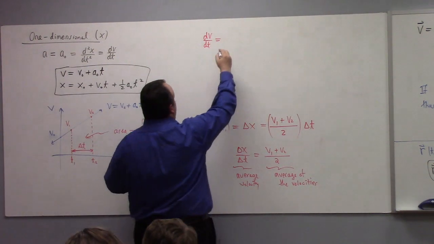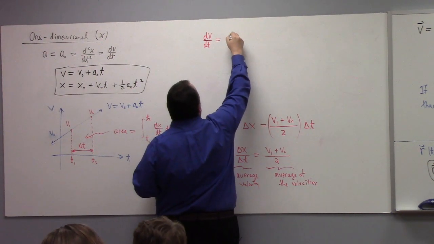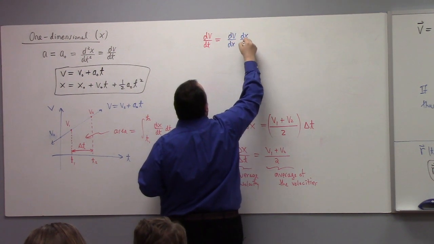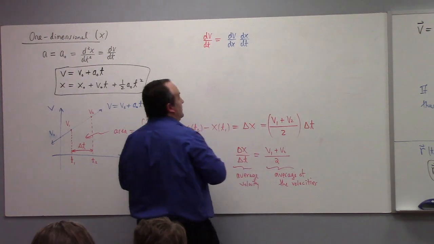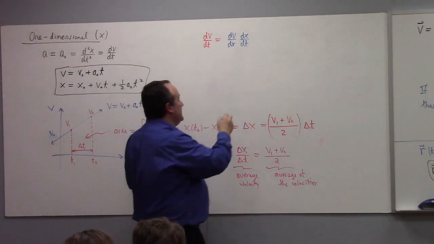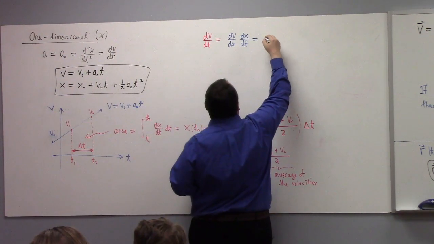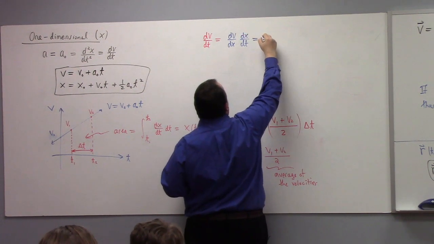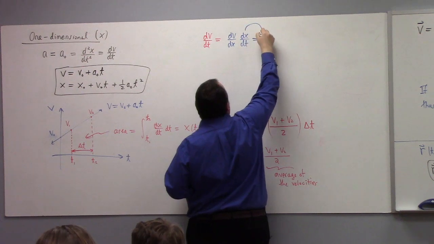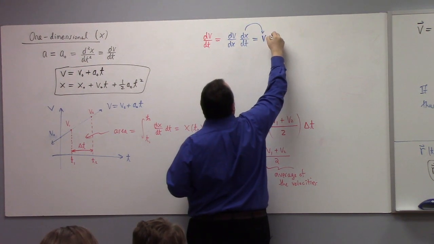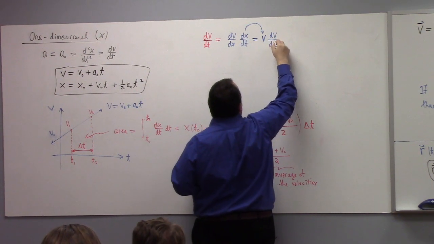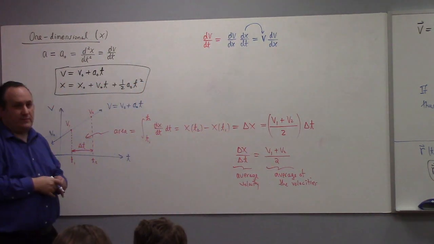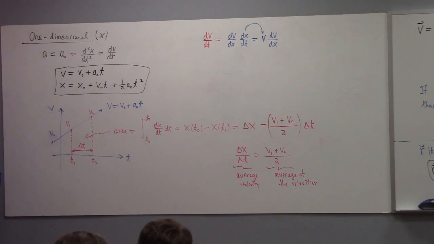If we're in one dimension, we can rewrite dv dt as dv dx times dx dt by the chain rule. That's v, right? So we've got v dv dx, or as I like to say, v dv dx. So the acceleration in one dimension can be rewritten as v dv dx.